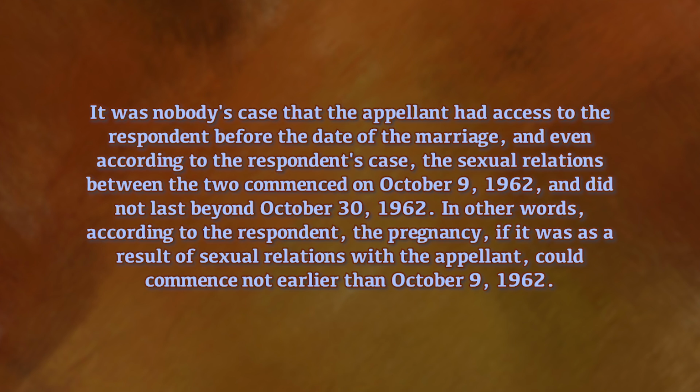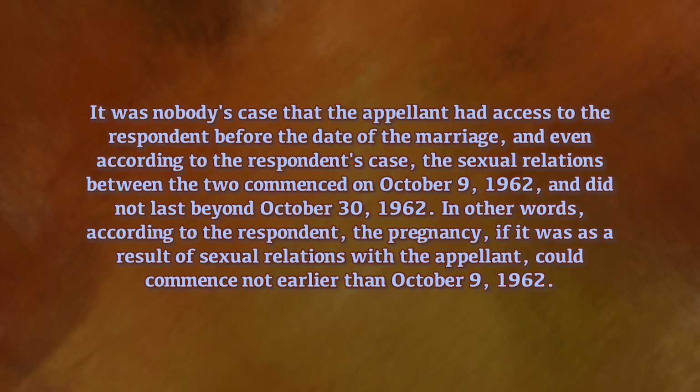It was nobody's case that the appellant had access to the respondent before the date of the marriage. And even according to the respondent's case, the sexual relations between the two commenced on October 9th, 1962 and did not last beyond October 30, 1962.